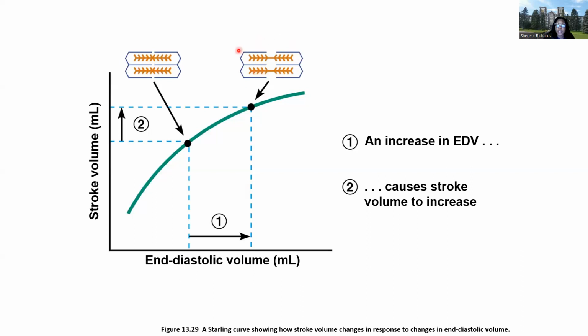So notice how in this view, the sarcomere is stretched just a little bit more. And notice how we all of a sudden expel much more stroke volume, right? So the more volume we fill, the more we stretch the sarcomere, and the more forcefully we can contract, which results in more stroke volume.